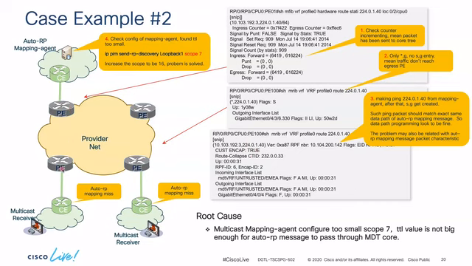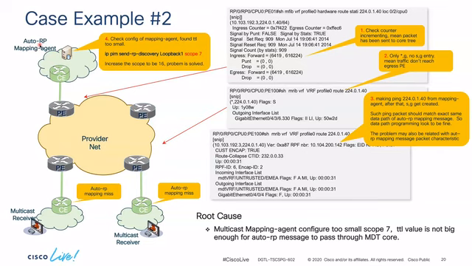But somehow, why can the AutoRP mapping packet not pass through that? The data path should be the same. So it's telling us that the problem may be related to the characteristics of the AutoRP mapping packet, the announcement packet, maybe some special characteristic of this packet. Maybe the packet is corrupted, or maybe the packet has something special, like TTL.